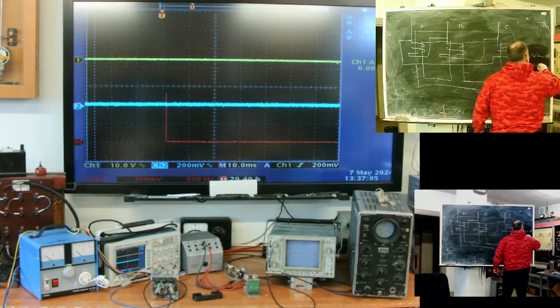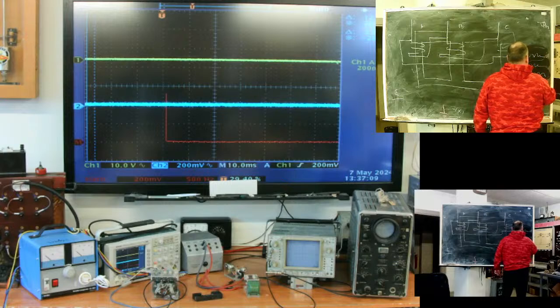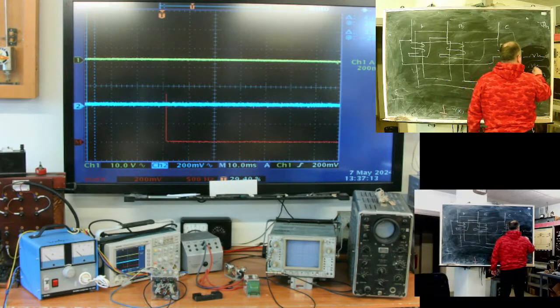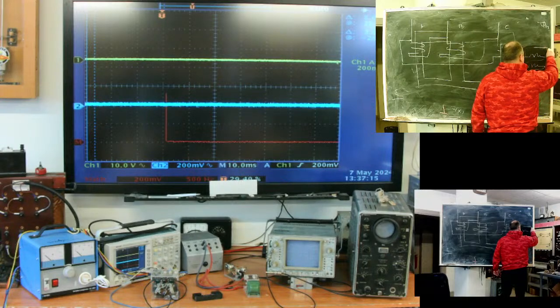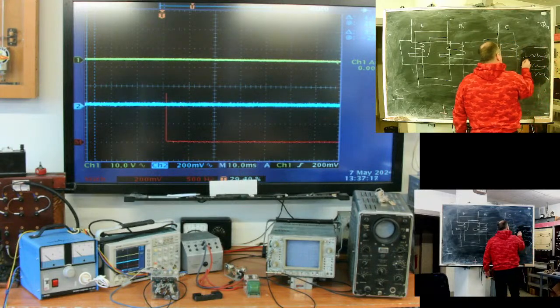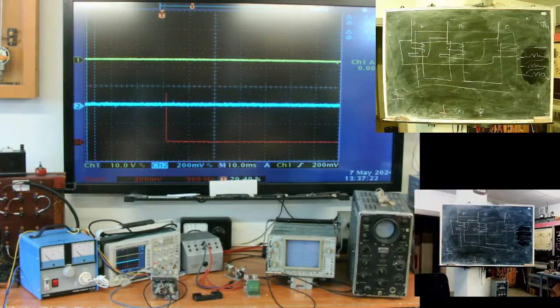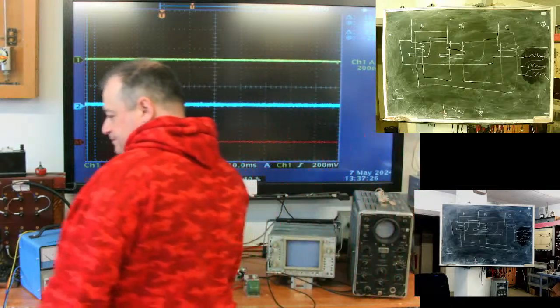One, two, three. A, C to B, and yeah, this way. Delta connected transformer. Can I connect a transformer in delta? Why not?